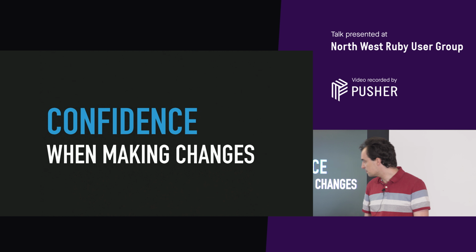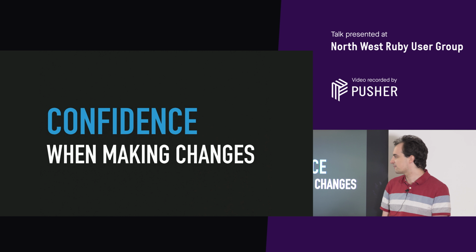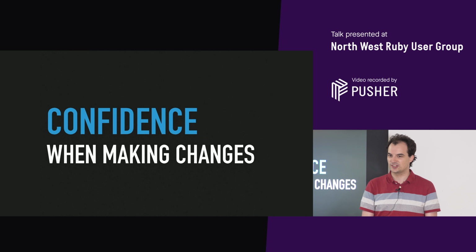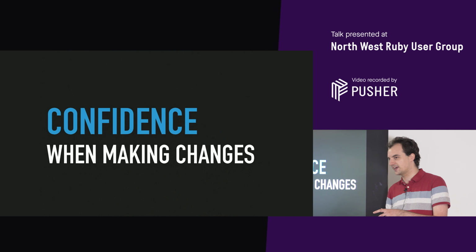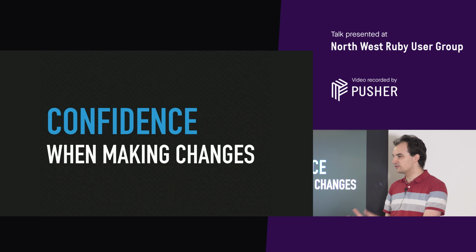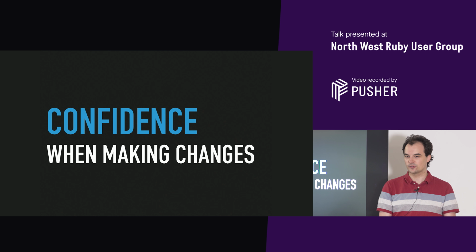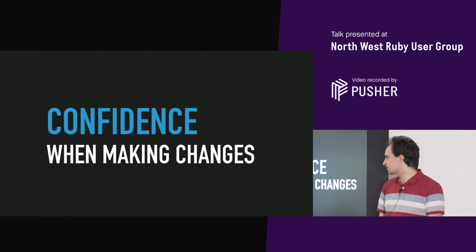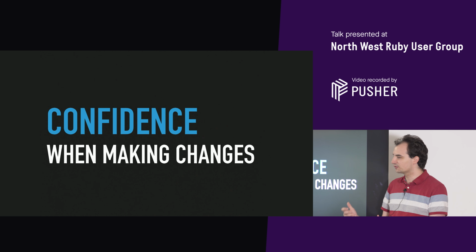There are probably several reasons why you have it, but I think the main one is that it gives you confidence when you're making changes to your code, whether that's adding new features, making refactorings, or even taking out dead code that you think isn't used anymore. It's nice to know that you've got a good, strong, stable test suite that's got your back and will flag up if you have any problems.